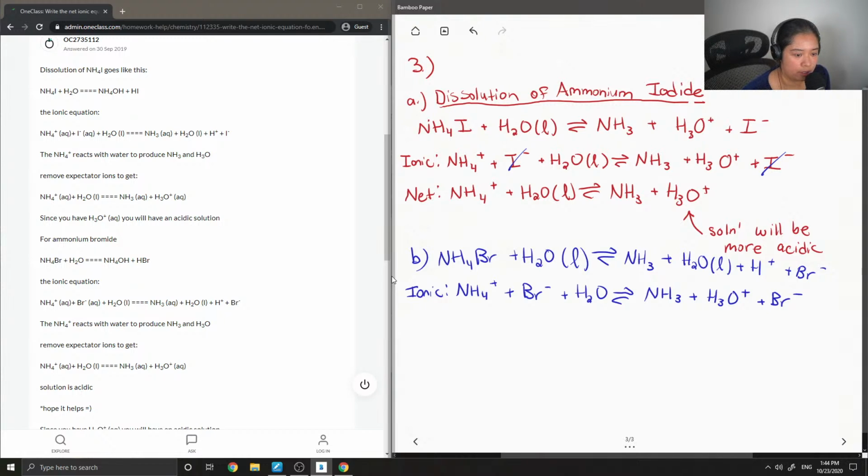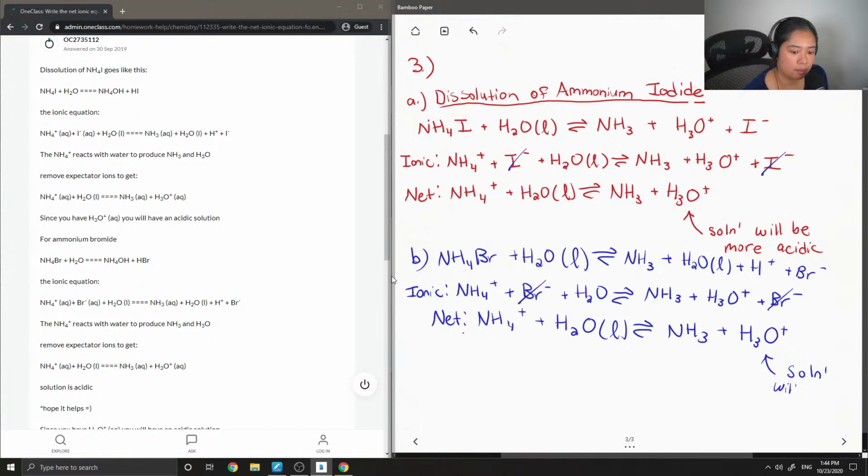And I'm going to cross out my spectator ions, which is just the bromine in this case. Then I'm going to write out my net ionic equation. Okay, so again, we have H3O+. So this solution will be acidic.